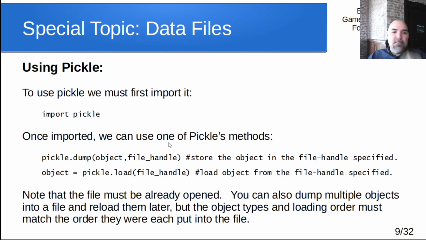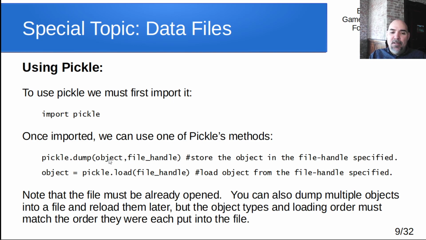So the way Pickle works is first we have to import the module. Once it's imported, we can use the methods, and there really are a set of methods here beyond what I'm going to present today. But the first one, pickle.dump, which sounds a little funny, but essentially you pass it a reference to any object.